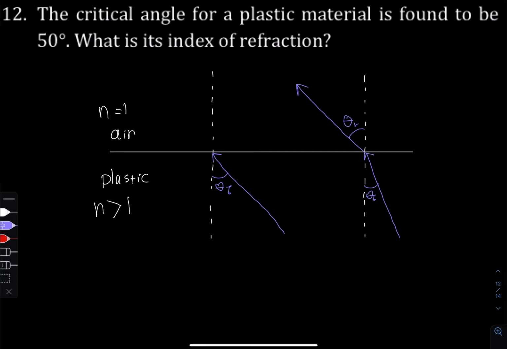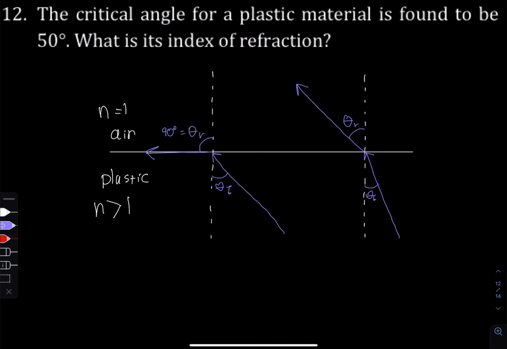But then, if it were to go straight, it would go like this. But it's going to bend a little bit, so it's going to go like this. In some cases, it'll bend so much that it'll actually go like this, where it'll be perfectly parallel to the interface between the two surfaces. In that case, the angle of refraction is equal to 90 degrees. Okay? This situation is called total internal reflection. It's when the angle of refraction equals 90.